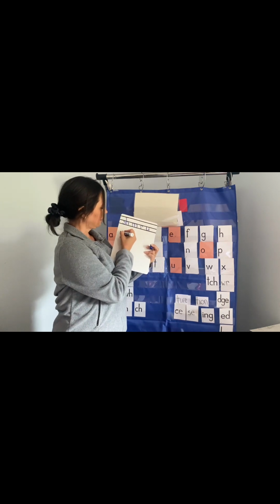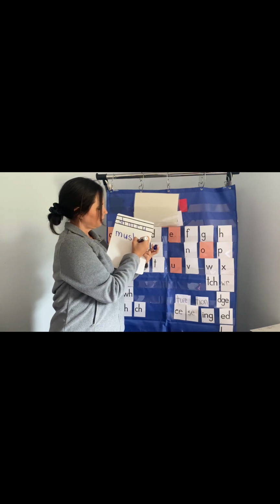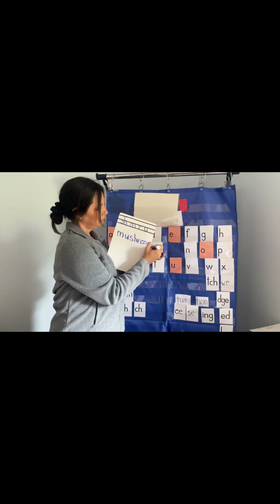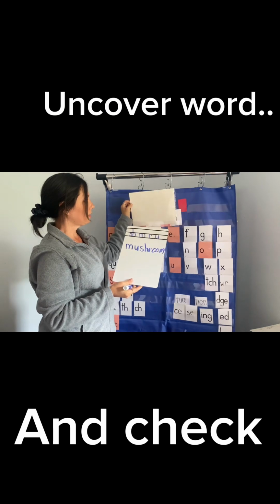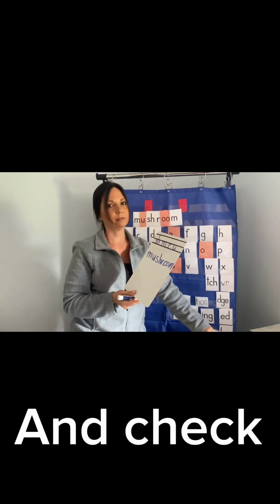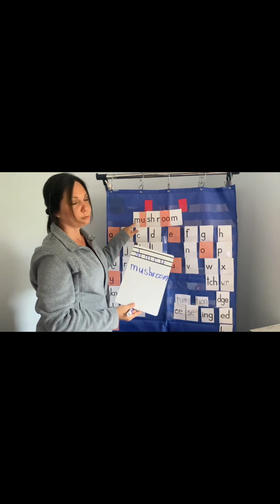So write M U S H R O O M. All right, and then you could take it down and you could check it to make sure that they spelled it right. So mushroom. Have them check it.